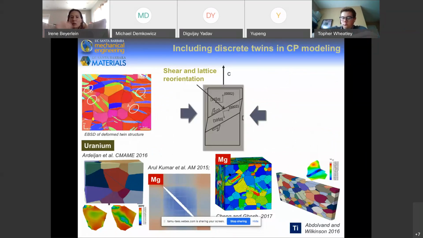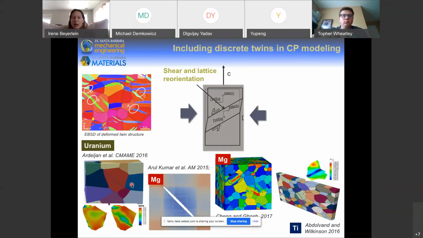And so I've listed some here. These now pertain to once the nucleation happens, once you get to a level where twins have grown to the point they're accommodating deformation, how do we then model that?